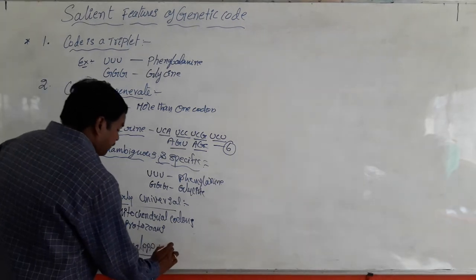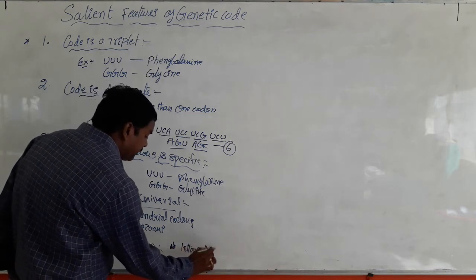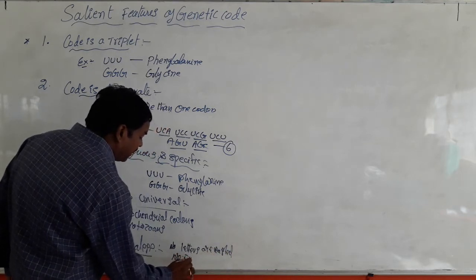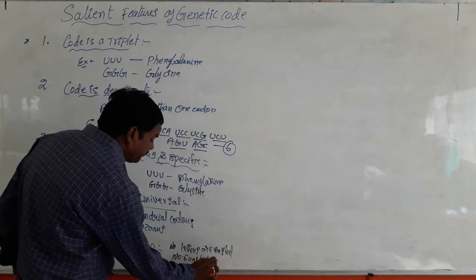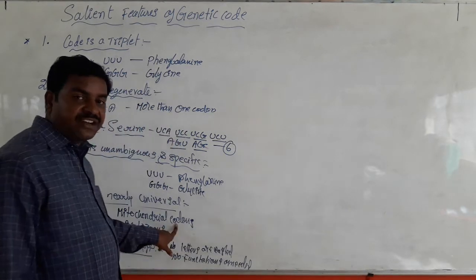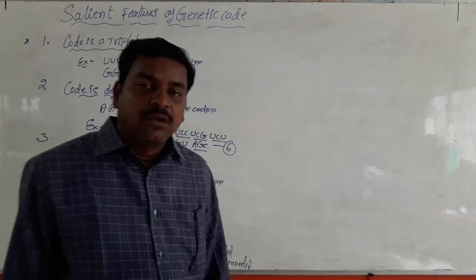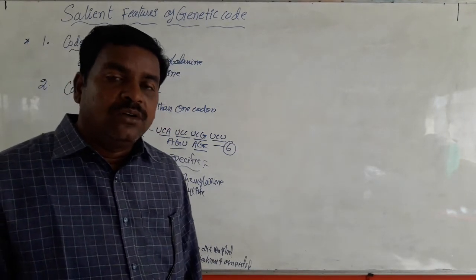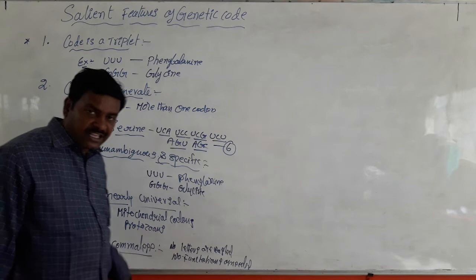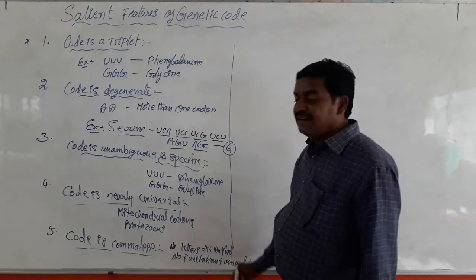No letters are wasted and no punctuations are needed in between the codons of mRNA. Such a property is considered as the code is comma-less.